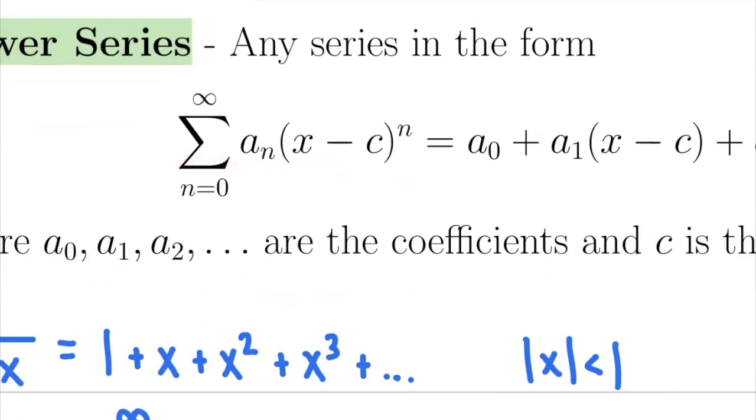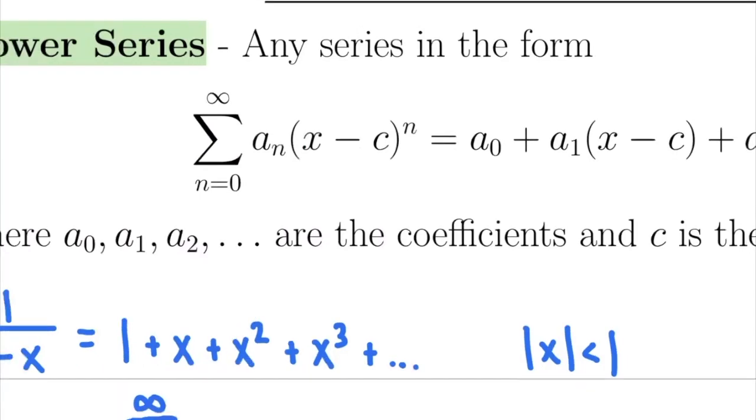In previous lessons, you might have started the index at 1, but for a power series we typically start at 0 in general. But at the end of the day, you're free to choose whatever value you want to start it at. There's no restriction on that because it's just an index. As long as your nth term is correct, you can begin n at any value.